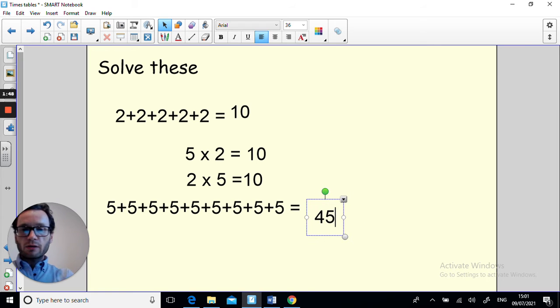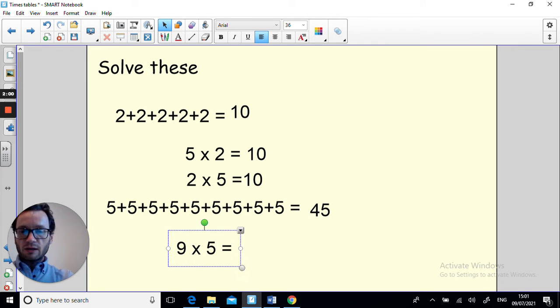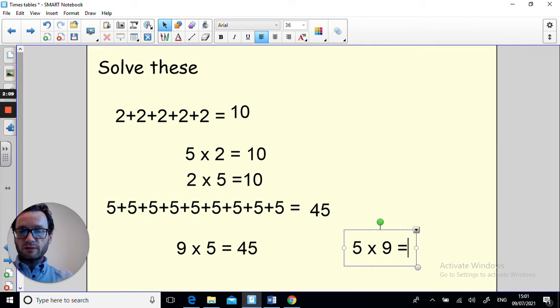Okay, so I know from my times table knowledge that there must be 9 lots of 5 there. So I know that 9 multiplied by 5, or 9 times 5, equals 45. And again, that could be written the other way around as 5 times 9 is 45. Okay, hopefully none of this is new to you.